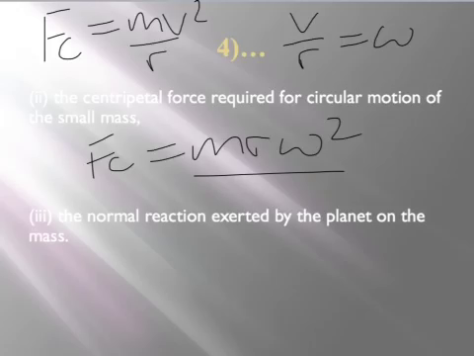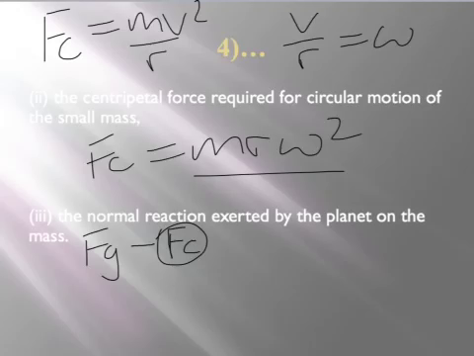And lastly, for part 3, they want us to write an expression for the normal reaction exerted by the planet on the mass, and that would be equal to the gravitational force subtracting away the centripetal force, since that centripetal force would be used purely to keep the object moving with the planet in a circle at the orbital speed of the planet itself.